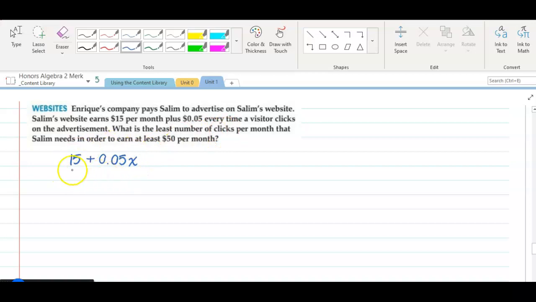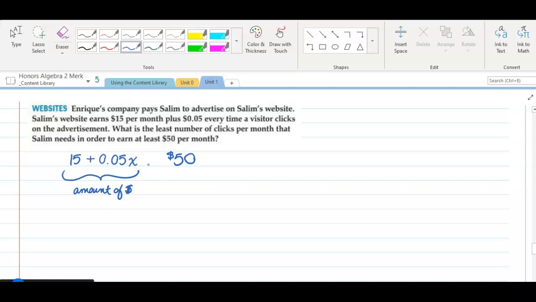And we want this amount, the amount of money, to be at least $50 per month. So we need to compare these two. And it's okay to just try with an inequality symbol and see which one works. But think about it too.